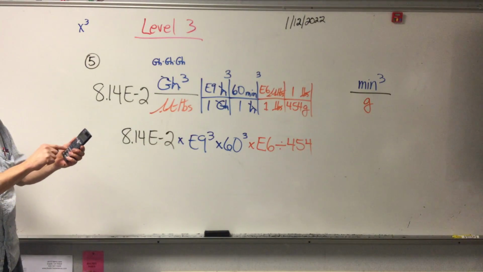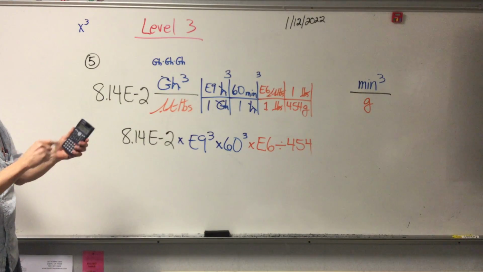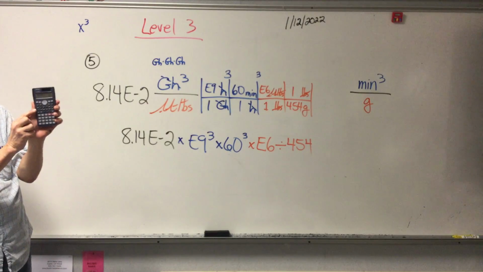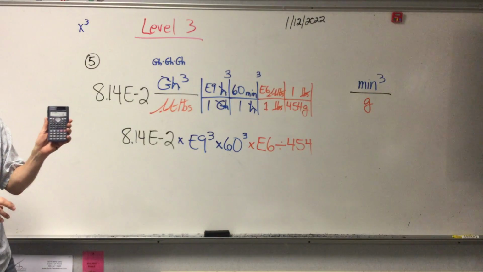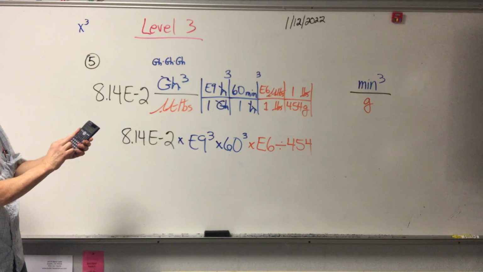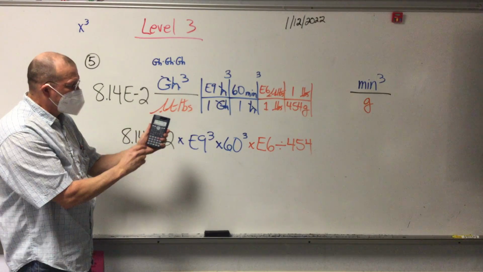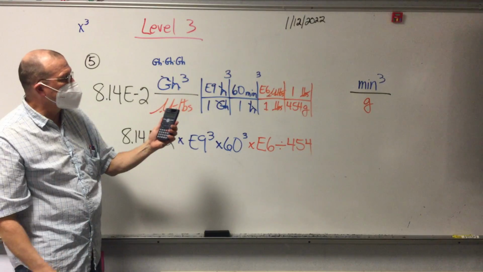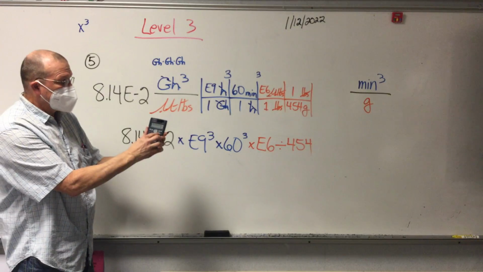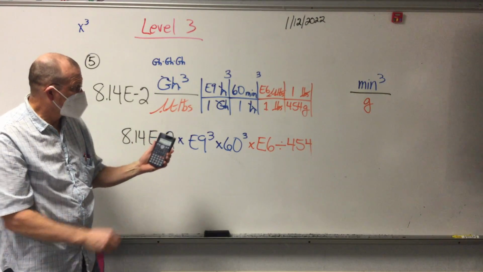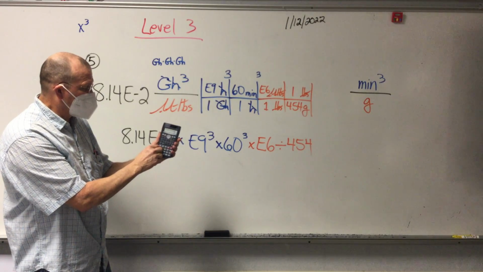Okay? So that's what we would do on our calculator. So we get 8.14. Remember, the EXP button is the one that gets you the E, and then there is an actual negative button up on the left if you want to use that, but if you use the minus thing, it processes it the right way. So we got -2. Then we would do times E9, hit that x cubed button, times 60, hit that cubed button, times E6, divided by 454.